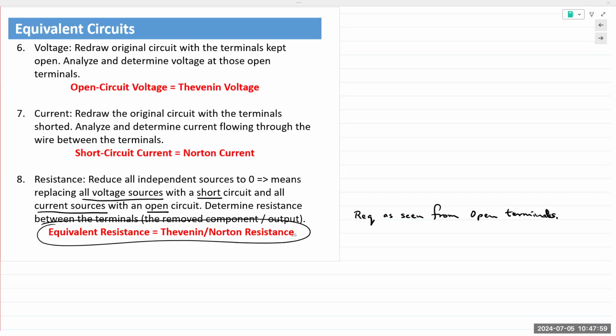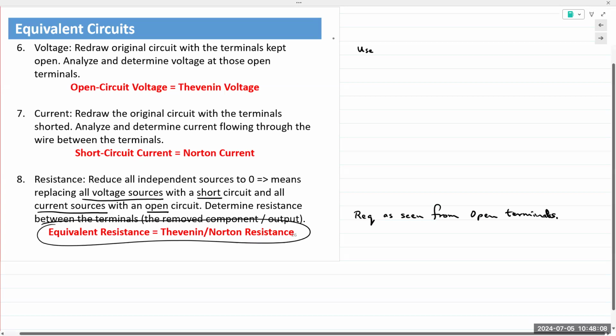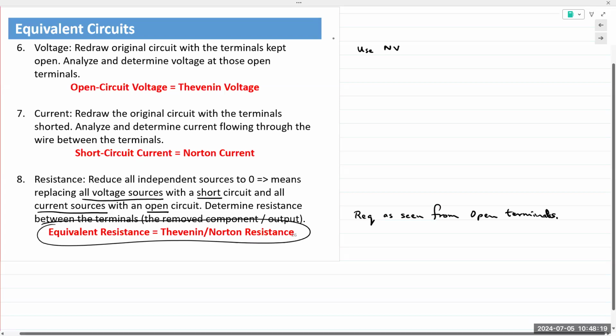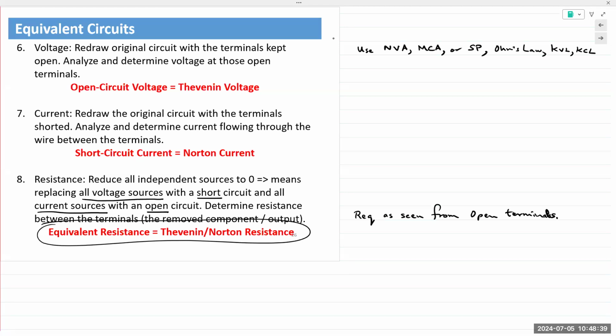Then for Thevenin voltage, we analyze the open terminals, and we apply any technique we want: node voltage analysis, mesh current analysis, superposition, Ohm's law, KVL, KCL, whatever technique you can think of to determine the voltage between the open terminals.